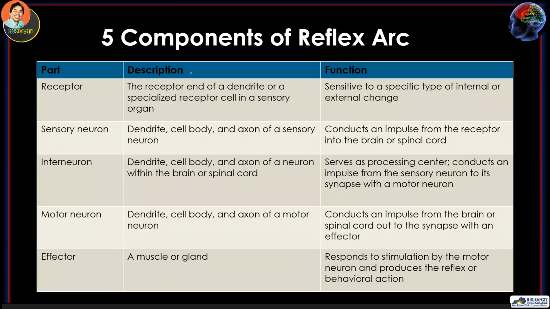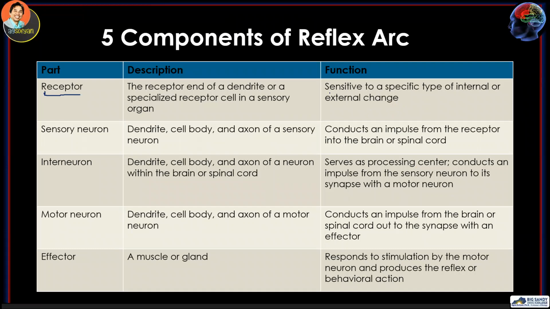Again, these are the 5 components of the reflex arc. Number 1 is the receptor, which receives the information, especially the dendrites of the sensory neuron, or maybe a special receptor cell that will receive that information.